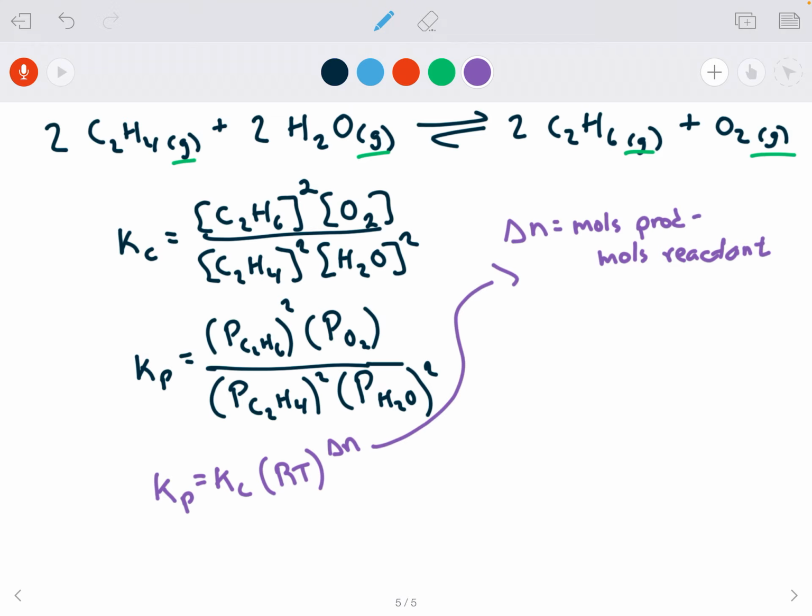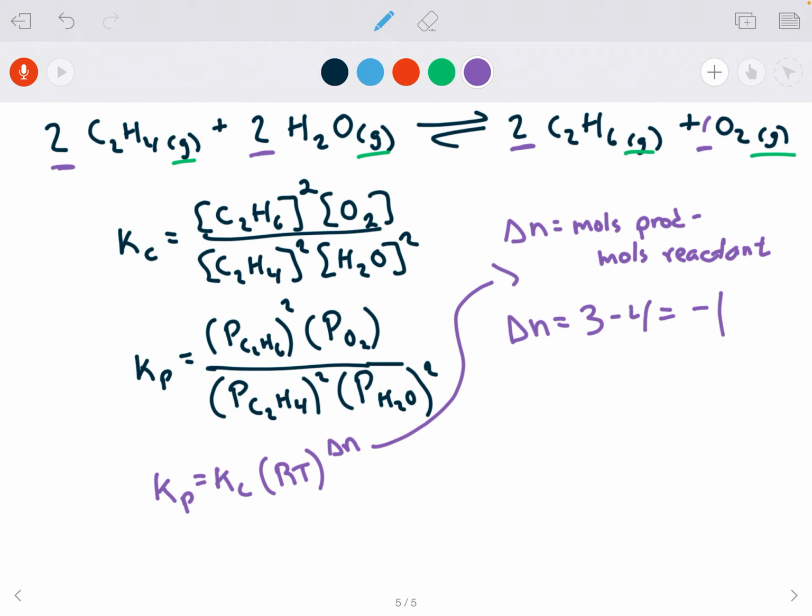And here the moles are nothing more than the stoichiometric coefficient that you find in front. So that would be 1, 2, 2, 2. So in this case, delta n would be 3 minus 4 to give negative 1. Right? There's 3 moles of product and 4 moles of reactant.